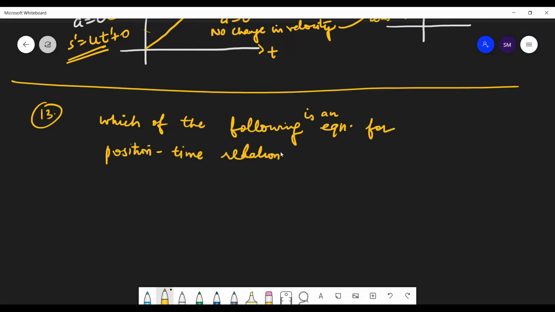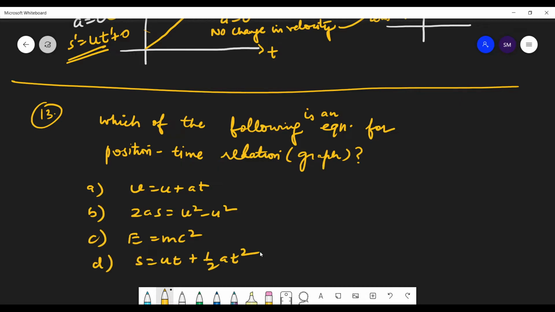So position time is a position time graph. That is the same thing. Option A is v equals u plus at. Option B, 2as is equal to v square minus u square. Option C is mc square. Option D, s is equal to ut plus half at square.